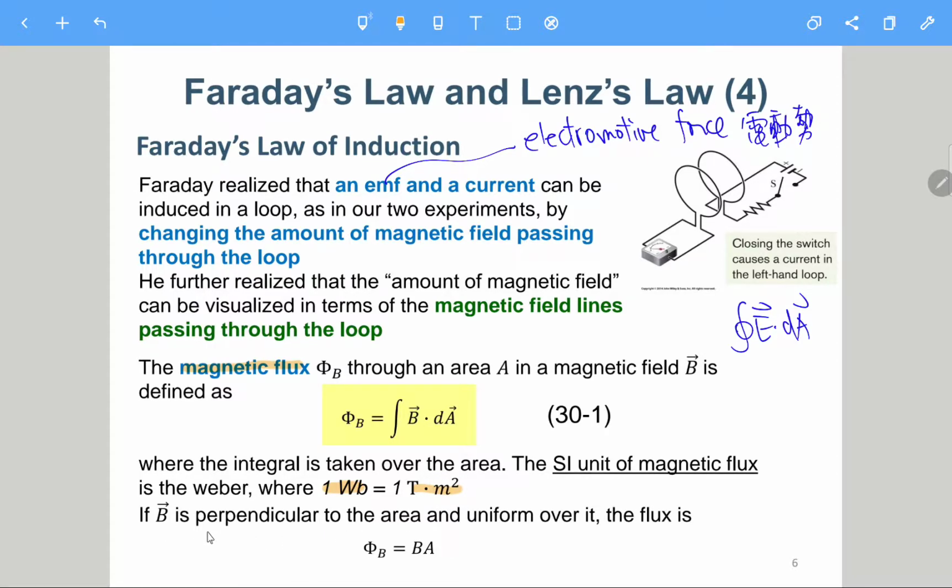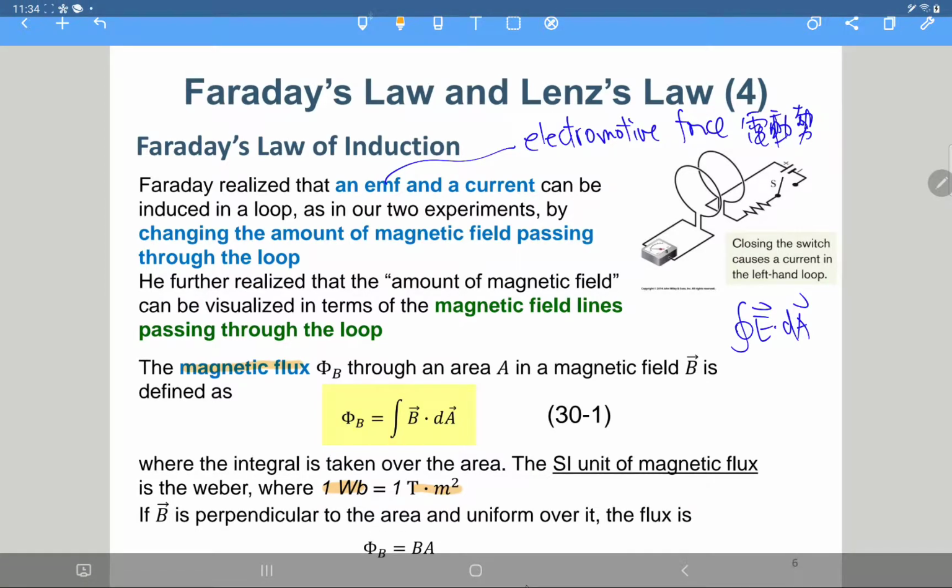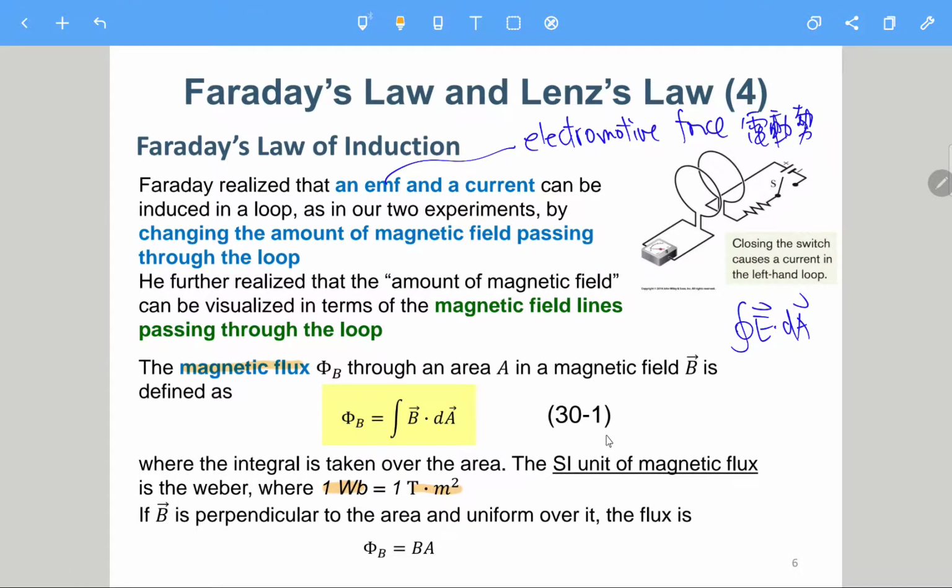So if B is perpendicular to the area and uniform over it, then this is nothing but B times A. So you just integrate the constant over the whole area. So this is simplified to this one. Okay, up till now, any questions?